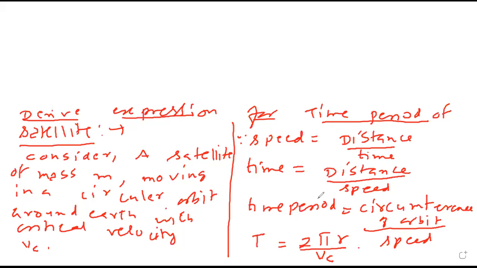Okay, everybody has done till T equals 2 pi r upon Vc.